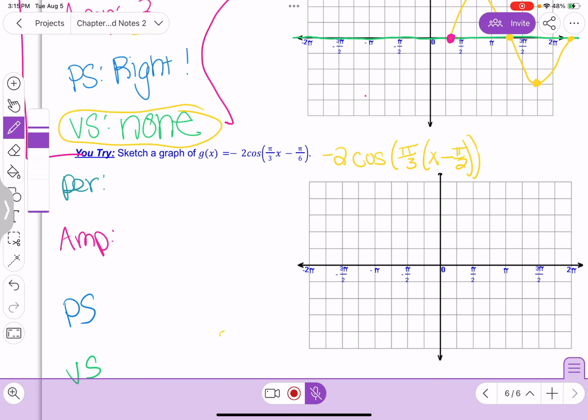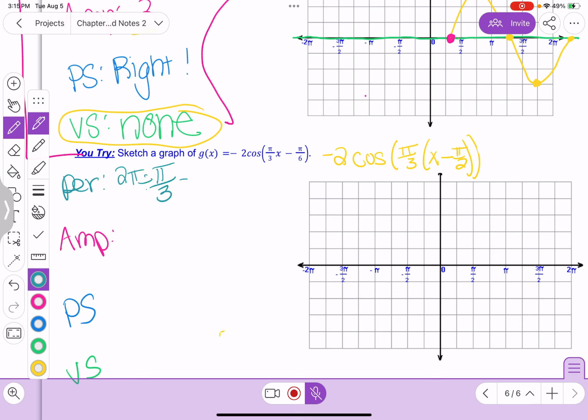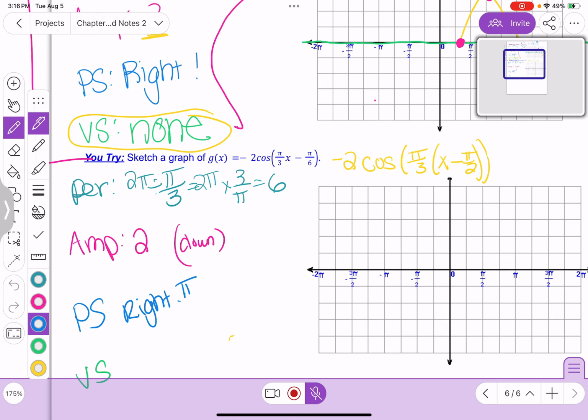All right, so my period is going to be 2 pi divided by pi over 3, which is 2 pi times 3 over pi, which is 6. Amplitude is 2, but we're going to go down. Phase shift is right pi over 2.